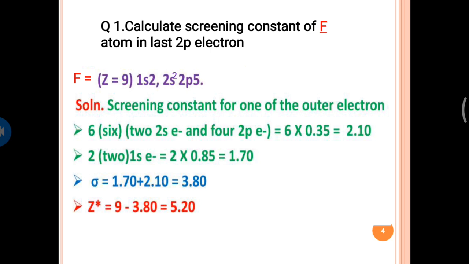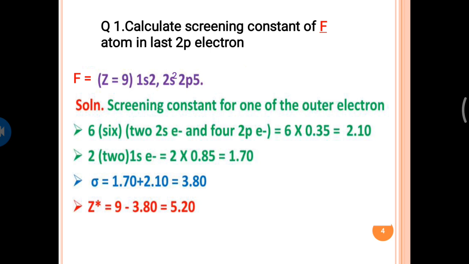The first rule is to write down the electronic configuration and group the electrons. So 1s2 2s2 2p5 is the electronic configuration of the fluorine atom.